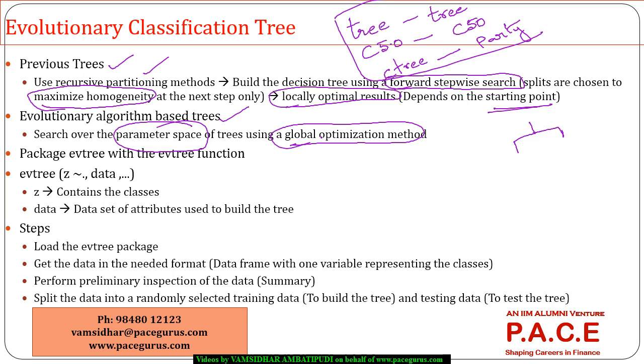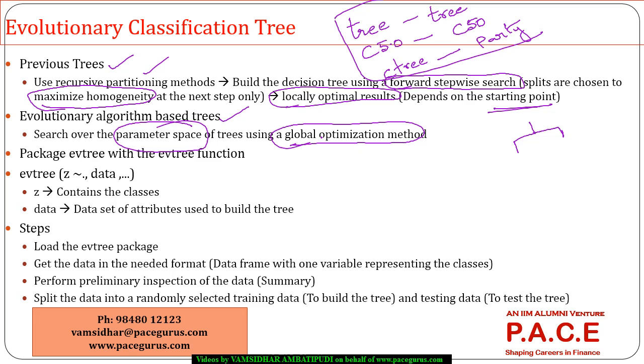Again, that doesn't mean this is always better compared to the others. There is no rule which says this is better. We have to apply all the techniques to our data and see to what extent the accuracy is improving when we apply the same model on our test data.